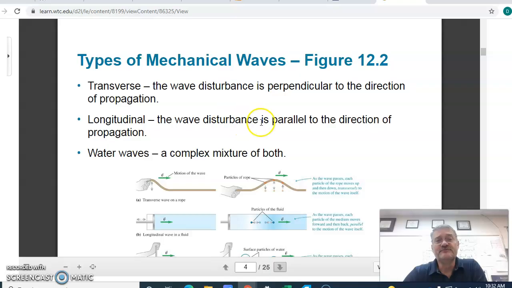A longitudinal wave is a disturbance parallel to the direction of travel, and in this case it's like a sound wave where some type of vibration occurs. In a longitudinal wave, or some books call it a compressional wave, you'll get a vibration that will literally compress and rarefy, or create a vacuum of, the air molecules surrounding it.